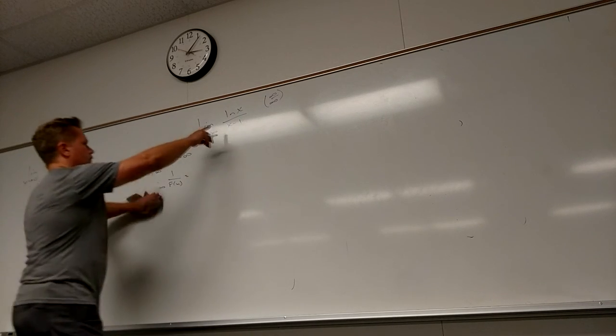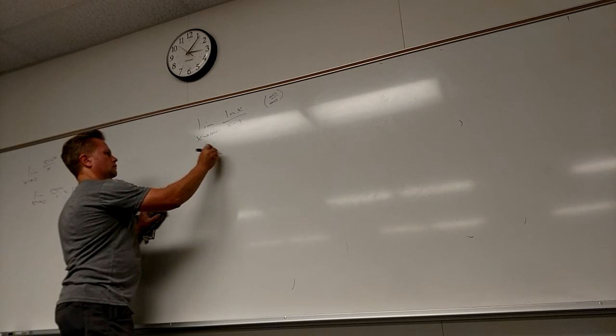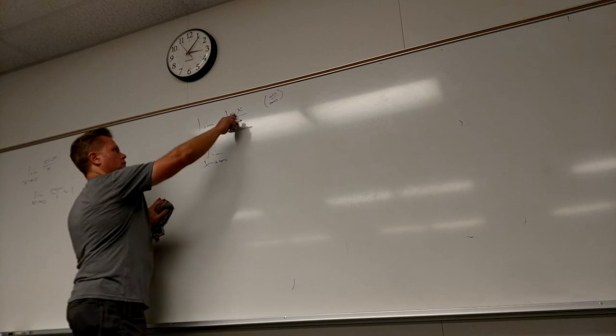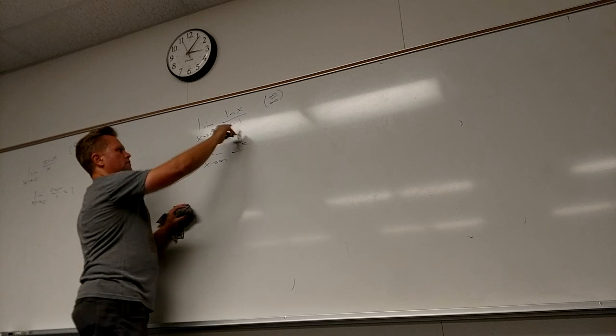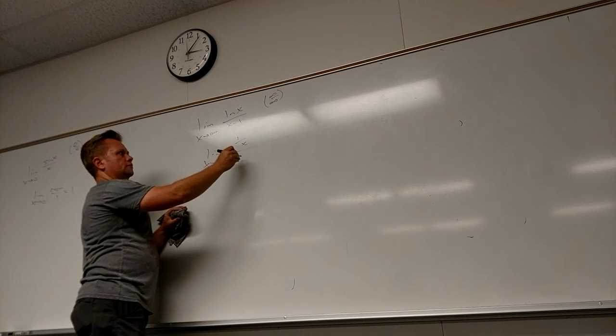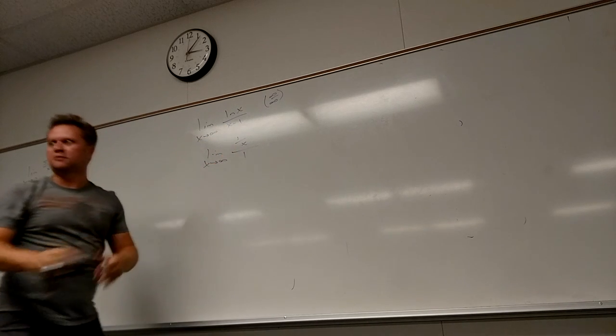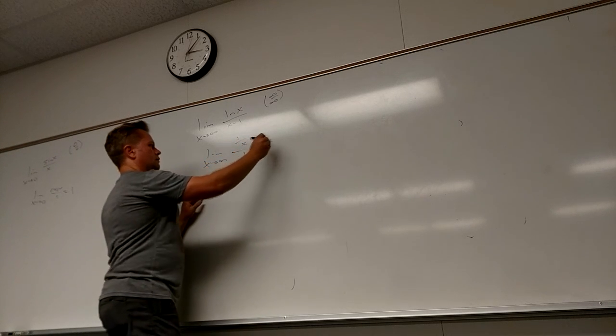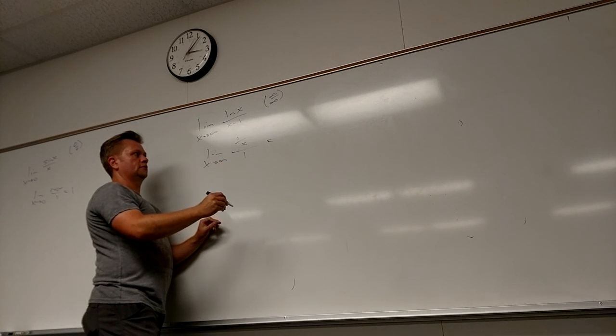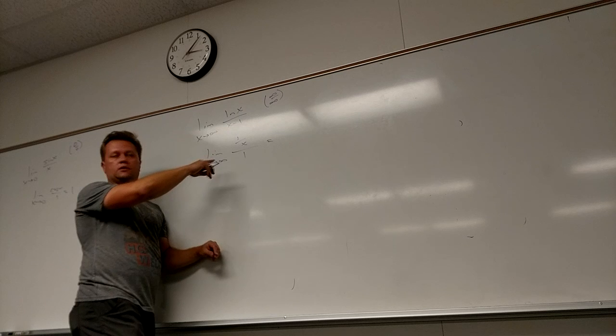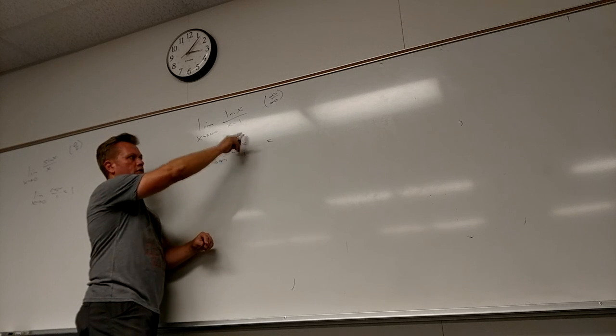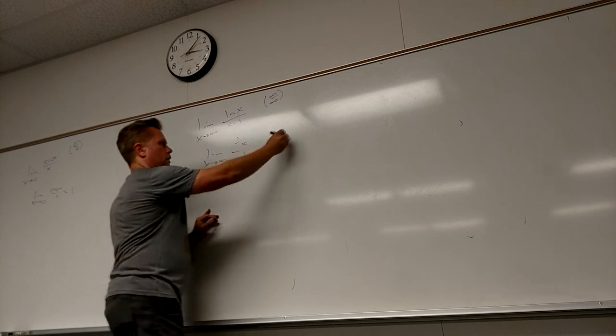So what's the derivative of the top? 1 over x. And what's the derivative of the bottom? 1. So then what's this limit? It's not indeterminate anymore, right? As x goes to infinity, this goes to 0. Bam.